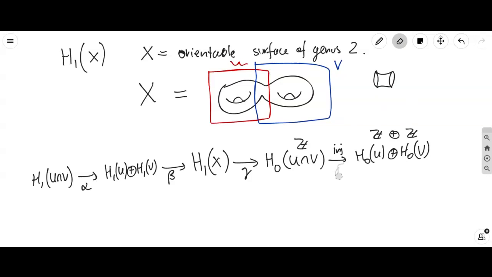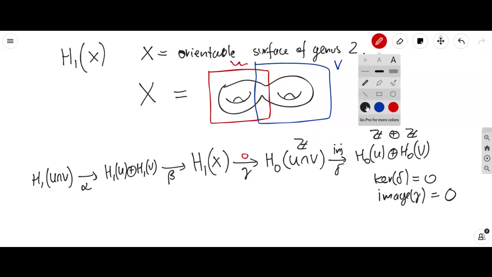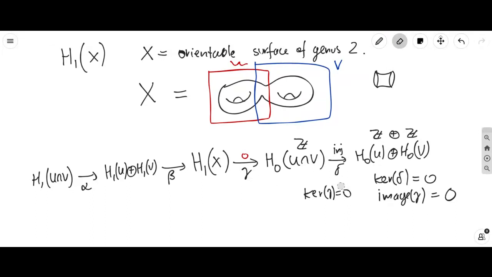Now, we do know that gamma is injective. So the kernel of gamma is 0, which means that the image of gamma has to also be 0 because of exactness. So this is just the 0 map. If this is the 0 map, then what does that mean? Well, the kernel of gamma is everything.